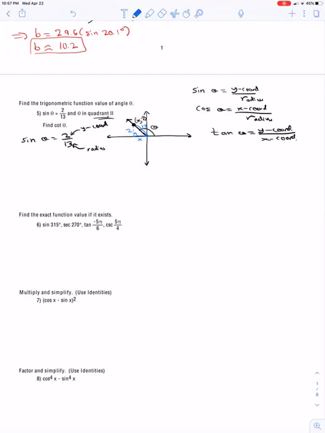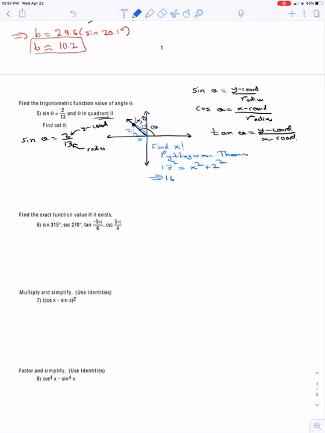And now let's find x. So to find x, all I've got to do is use the Pythagorean theorem. So I'm going to go use Pythagorean theorem to find x. So square the hypotenuse, 13 squared, equal the sum of the squares of the 2 legs.